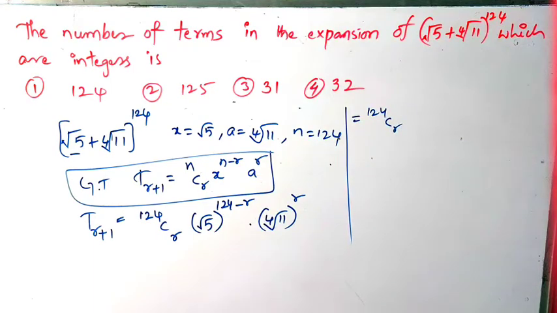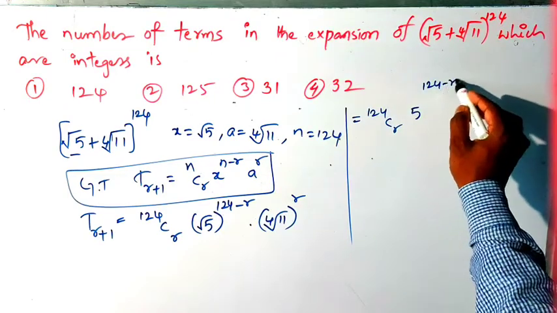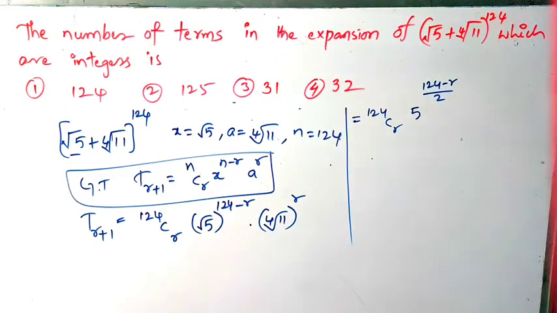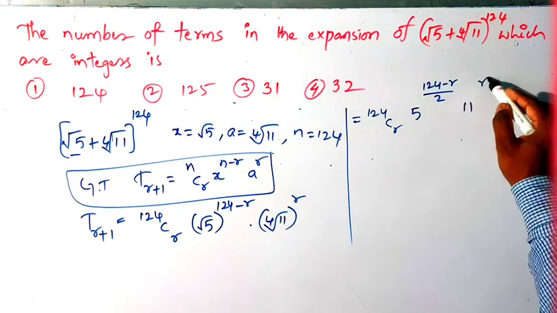Square root of 5 can also be written as 5 power of 1 by 2. Already 124 minus r is there, so we have to write 5 power of (124 minus r) divided by 2. Next, 4th root of 11 can also be written as 11 power of 1 by 4, and the power r is already given, so we write 11 power of r by 4.